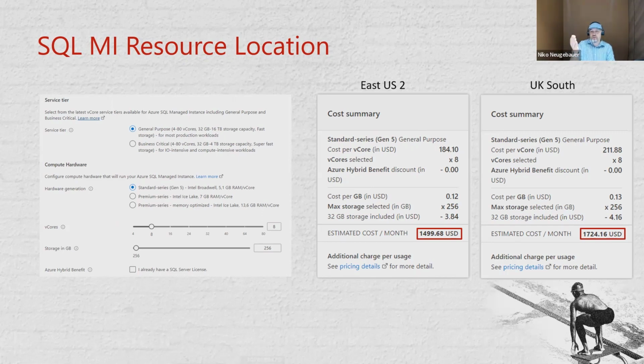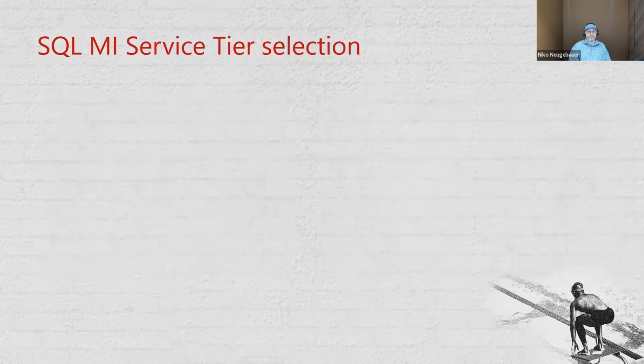In East US, you can see it's around $1,500. And in UK South, it's just a little bit more expensive. Think about this when you design your solution, because you might have one, two, or even more regions where it doesn't really matter for the business, the latency, or the performance, and either choice is fine, but the cost will vary.